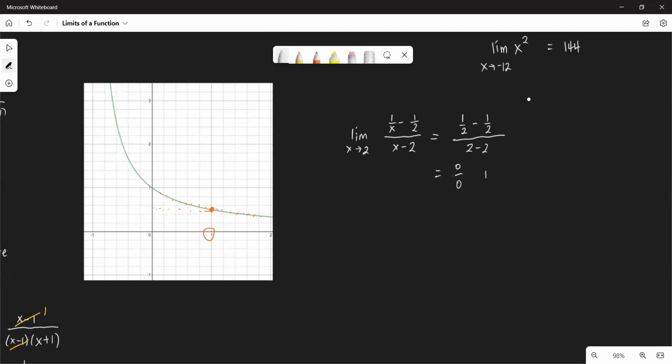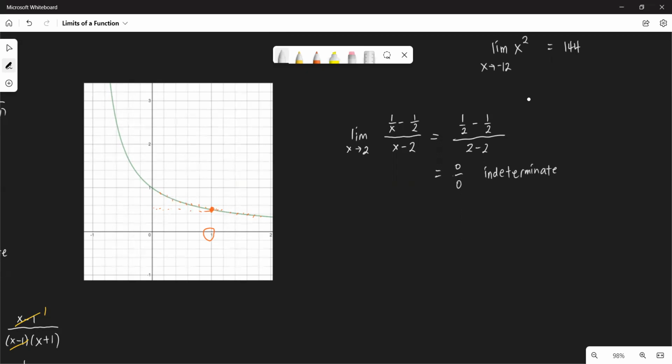Okay, so we need to find a way to get rid of the indeterminate form. So find a way to eliminate the zeros, or at least one of the zeros. It can be 0 over 1, which means the limit is 0. It can be 1 over 0 or undefined, meaning there's no limit.